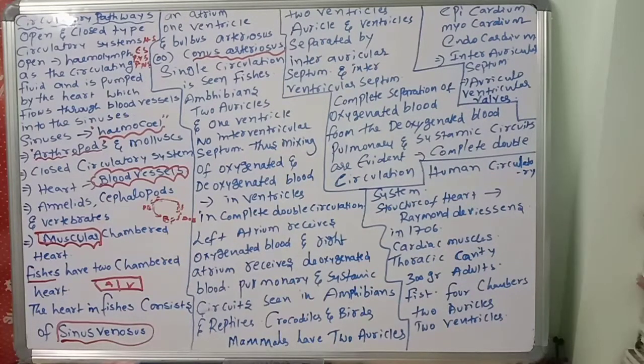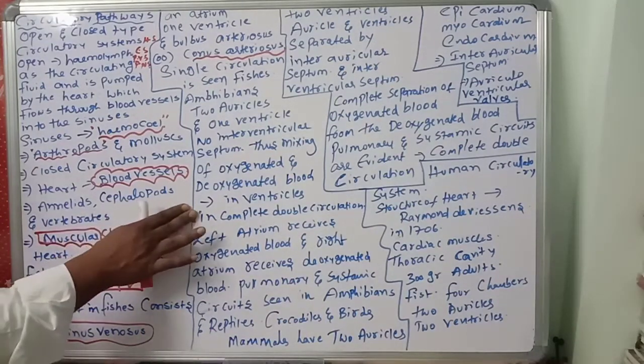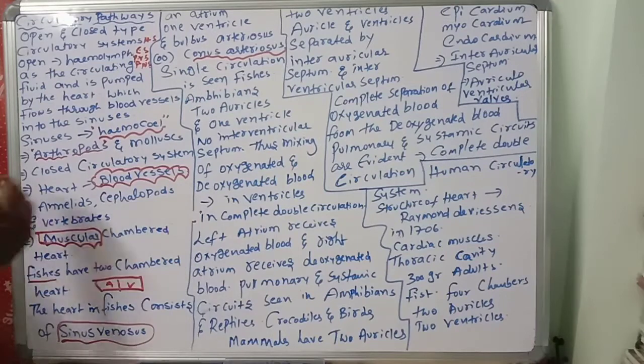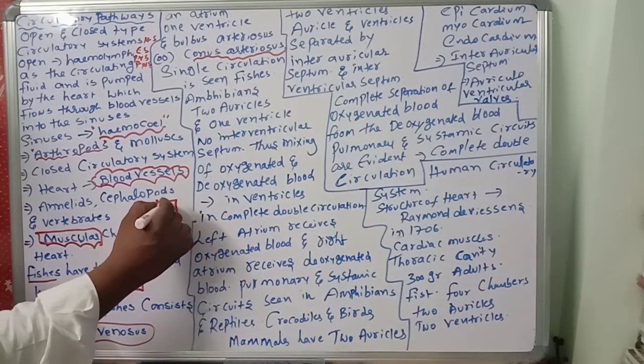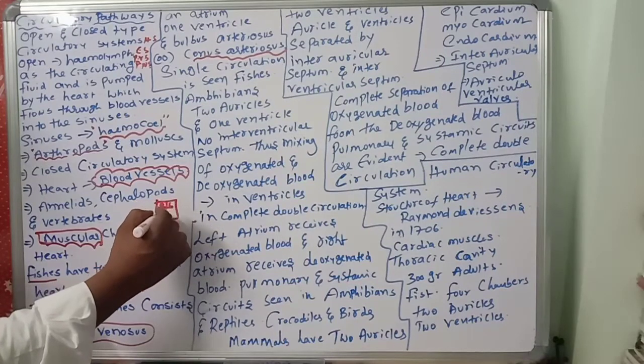Now, amphibians. It is different in the amphibians. They have three chambers: a right auricle, a left auricle, and one ventricle.